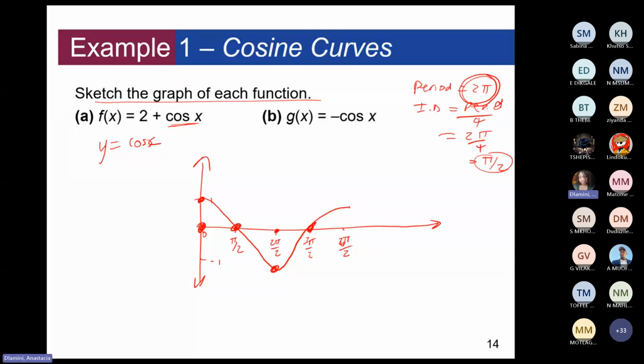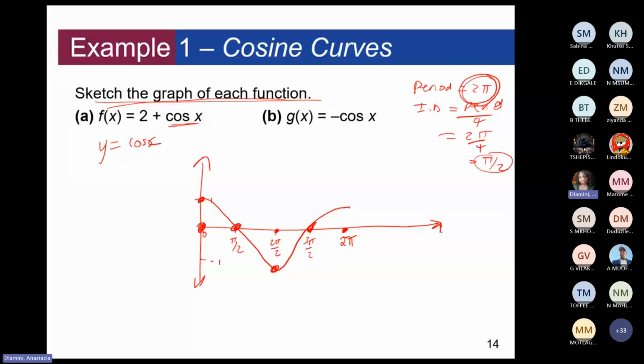And here they say sketch the graph. They didn't talk about one complete period. So what you're going to do is make sure that you add another period. We know our period is 2 pi. So you go to this point. This is our new 0. Since that is our new 0, 2 pi plus 2 pi gives you 4 pi.